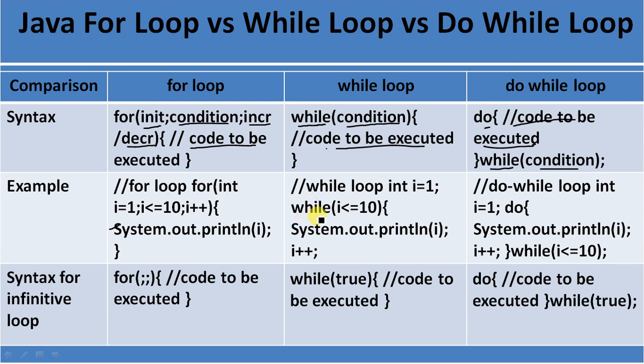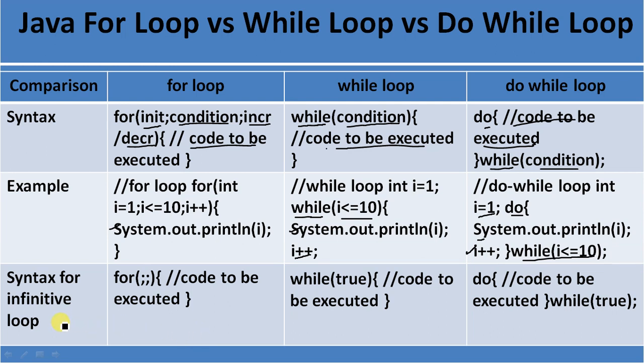For while loop, i less than or equal to 10 is the condition, this is the while keyword, and this is the statement to be executed, along with incrementing or decrementing the variable value. For do while, initialization, then in the do block some execution code, then increment or decrement, and then checking the condition in while.